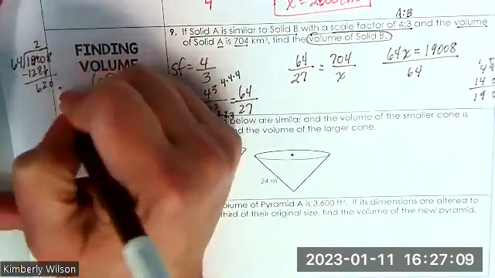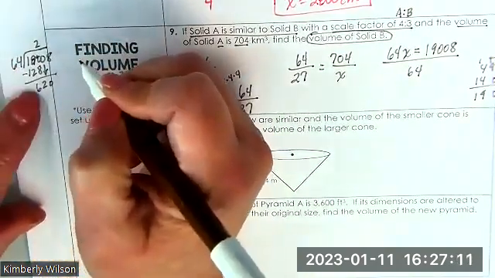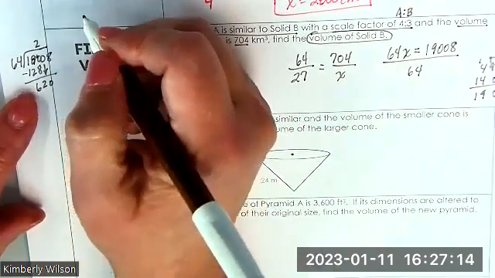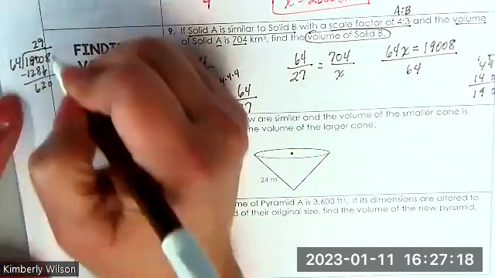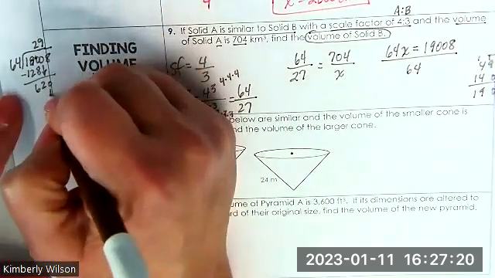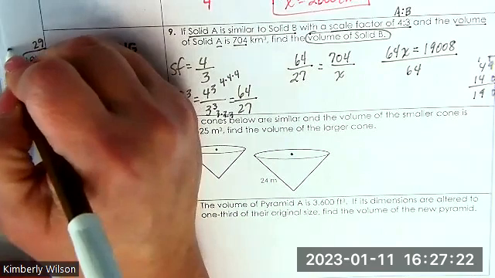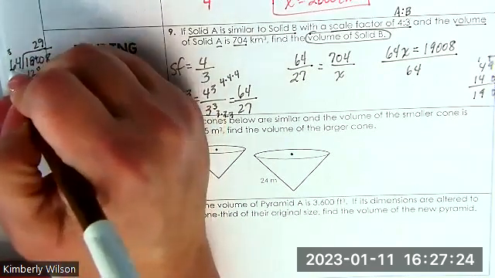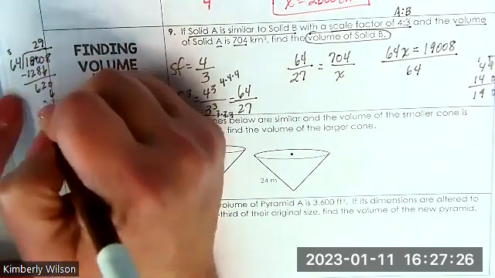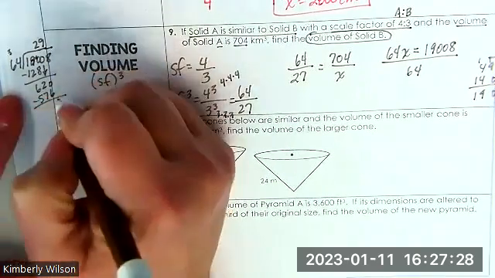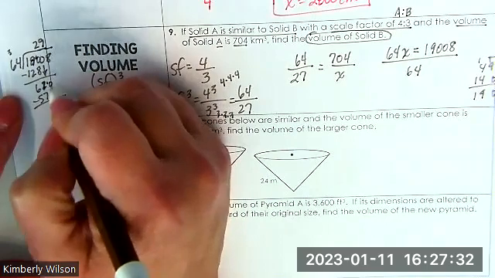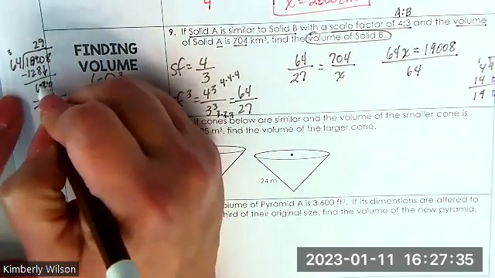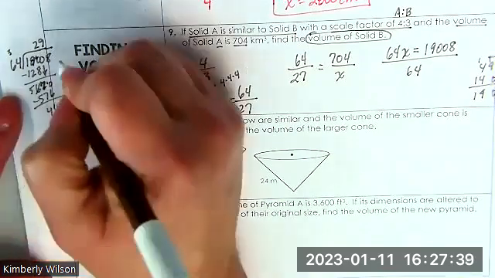So 64 into 620. We're going to try 9, because I can't do 10. So 9 times 64, 9 times 4 is 36. Carry my 3. 9 times 6 is 54. Plus 3 is 57. Subtract. That's 10. This becomes a 1. So this is 4. 7. So this becomes a 5. So this is 11. 4.